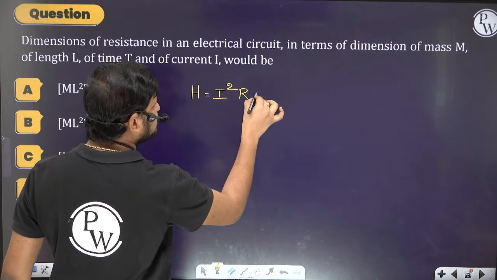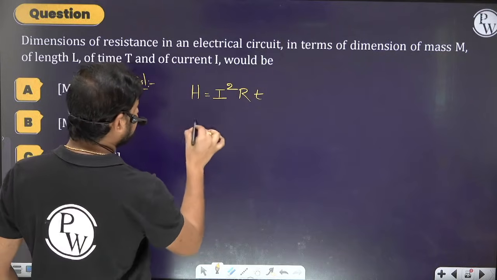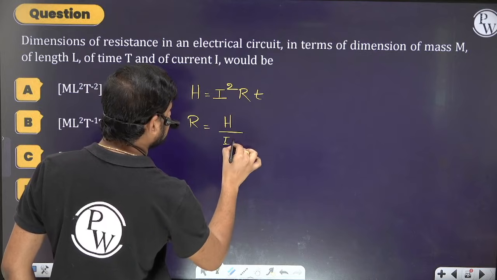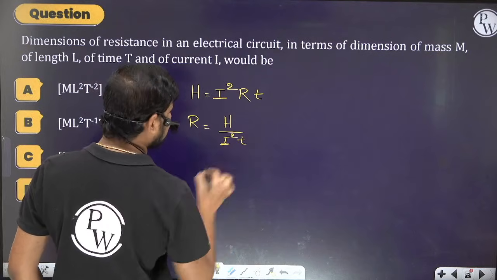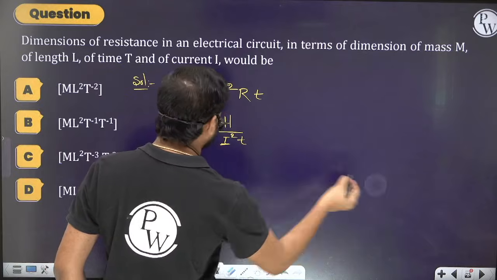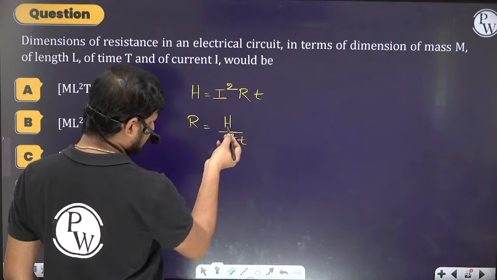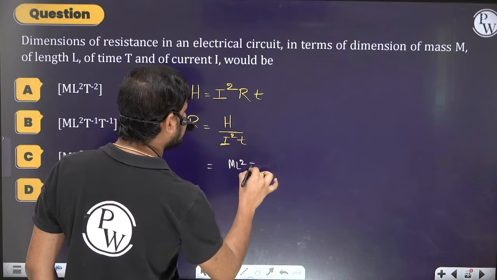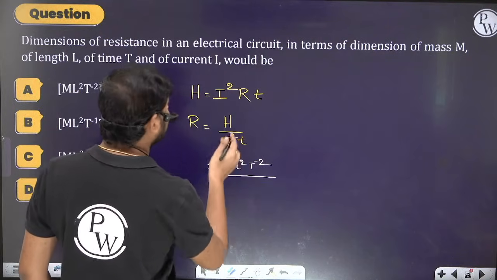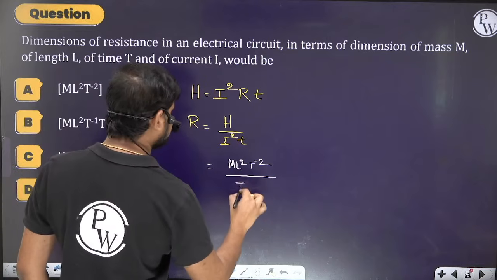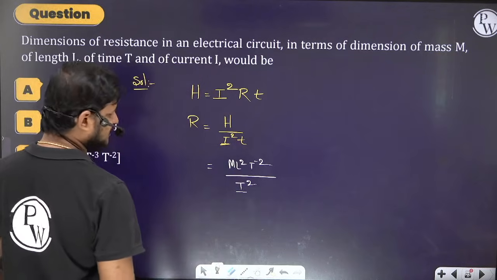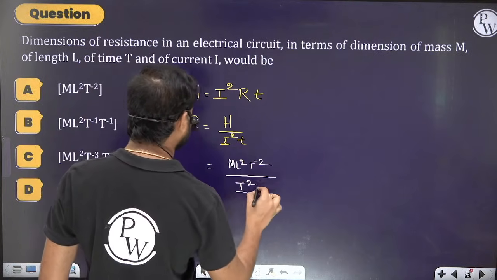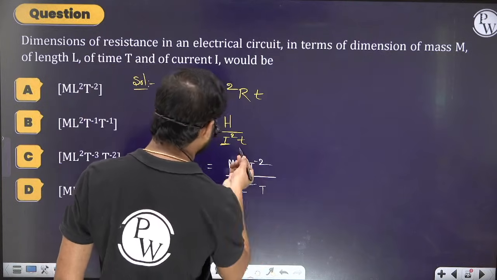H is equal to I square R T, so resistance is equal to H by I square T. Here I is the current, H is the heat, which is nothing but energy. In place of energy you can write M L square T to the power minus 2, by current I square, and then time T.